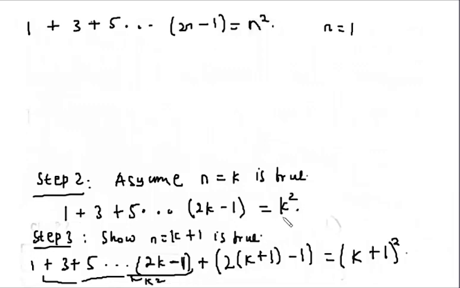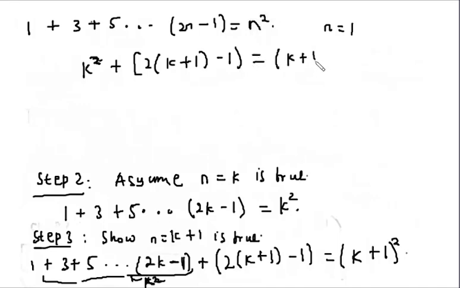So this part is equal to k squared. So we are going to be replacing this part with k squared. So this is k squared plus (2(k+1) minus 1), and this is equal to (k+1) squared.